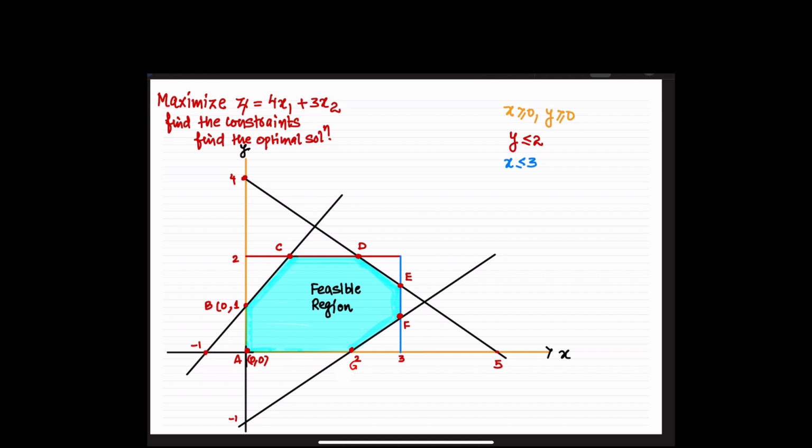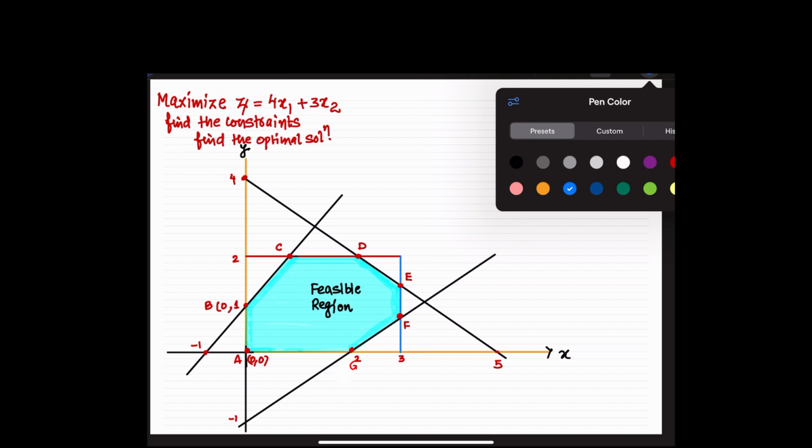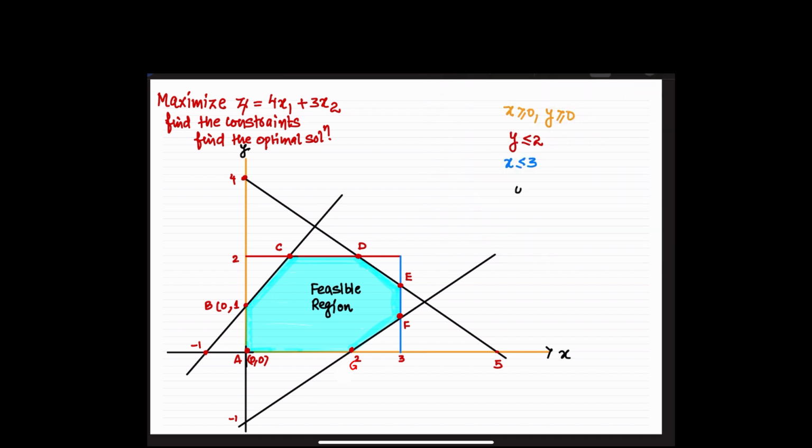So these are the 2 points, say (x1, y1) and (x2, y2). What is the equation of the line? y minus y1 equals the slope, (y2 minus y1) upon (x2 minus x1), multiplied by (x minus x1). So this is the equation of that line.